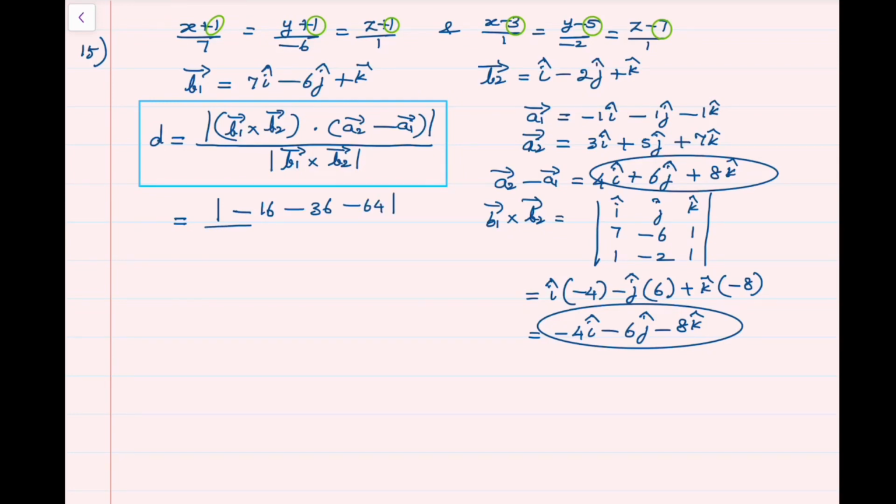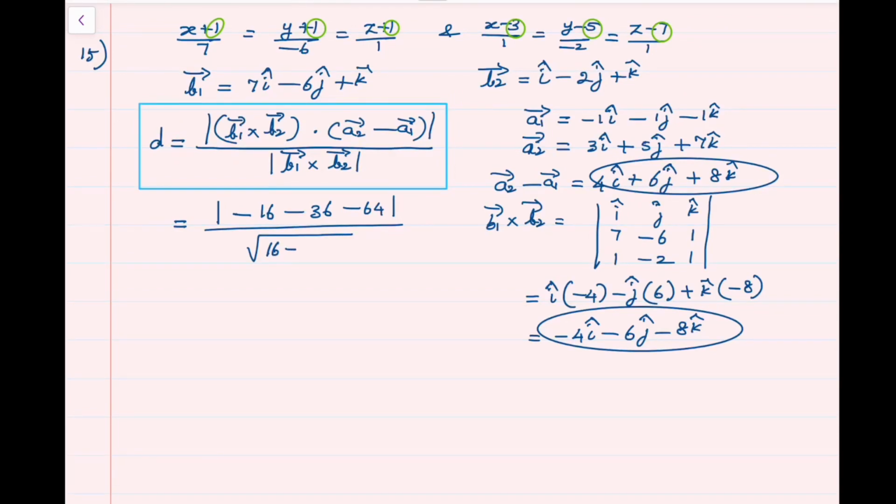Absolute value sign is there in the numerator, divided by magnitude of b1 cross b2, which is root of 16 plus 36 plus 64. The total is 116 divided by root of 116, which is equal to root of 116. Let us do prime factorization of 116.